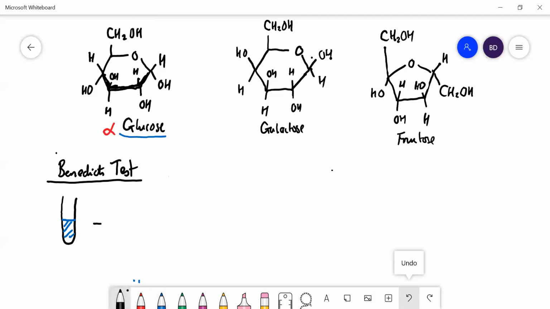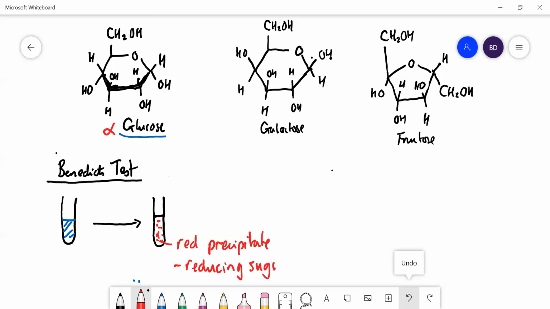And if you have a reducing sugar present, it goes to a cloudy red color. Okay, it goes through various shades. It's a bit yellowy, a bit orangey, and ends up being cloudy red. So you get a red precipitate, and that indicates that you have a reducing sugar in there.